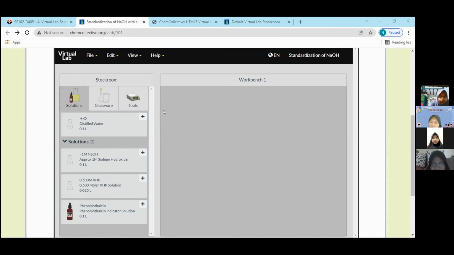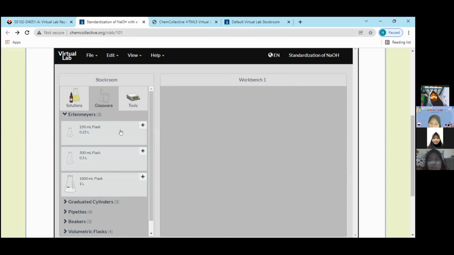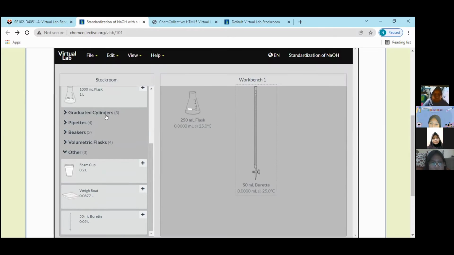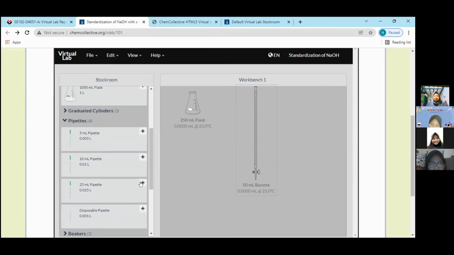Nida, could you explain what we need in this simulation? In this virtual lab, we need some apparatus: a 250 milliliter flask, a burette, and a 25 milliliter pipette.